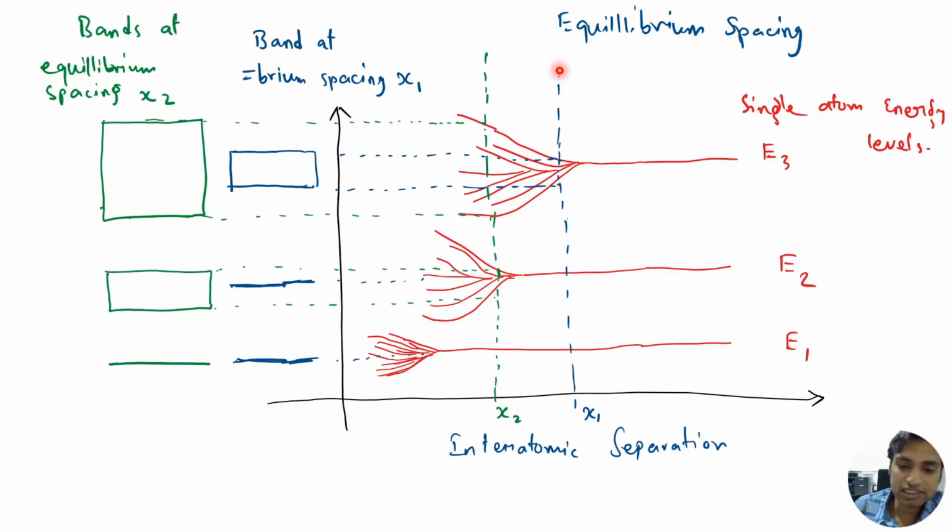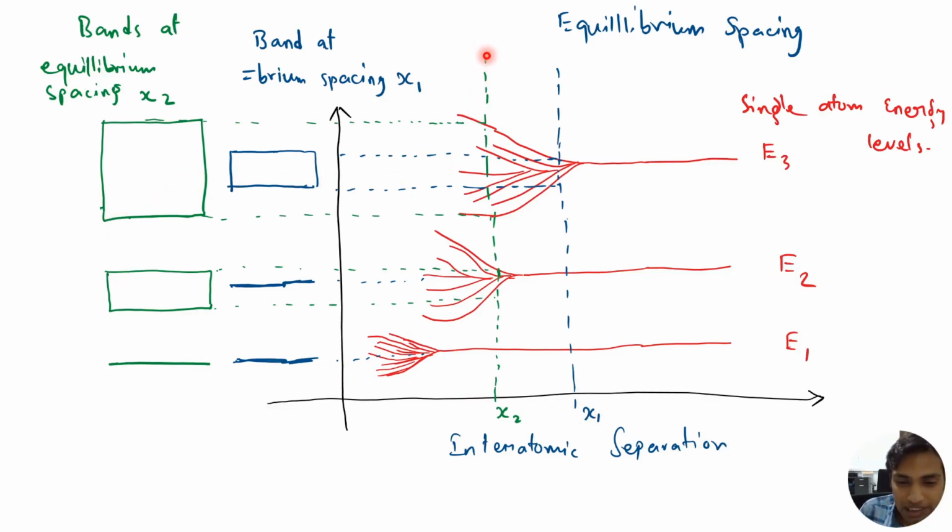For example, if your equilibrium spacing is this blue line, then this is the splitting of energy level E3, the E3 band. The lower levels have not yet split, they are just single lines. So this is your band structure when your equilibrium spacing is x1.